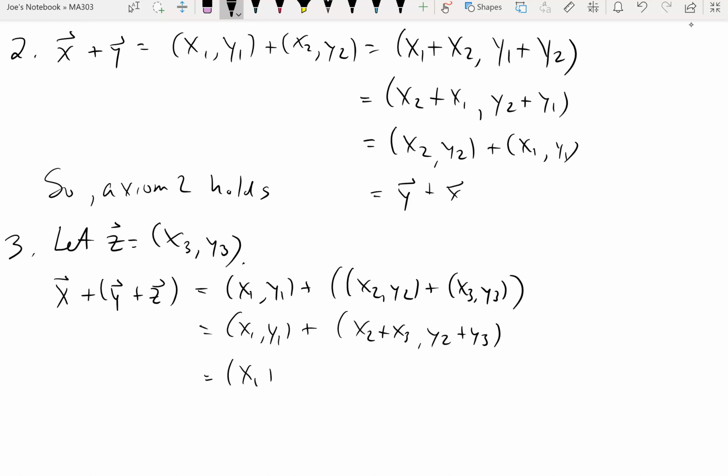But notice I still have a grouping in here. The grouping just now is in each component, right? Because our definition of addition says take the first component of the first vector and add it to the first component of the second vector. Well, the first component of the second vector is a sum, right? So I have to put it in its own parentheses. And the same thing with the second component.